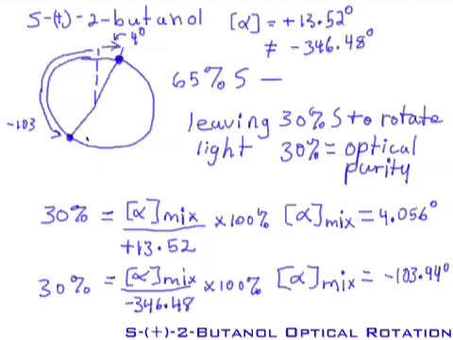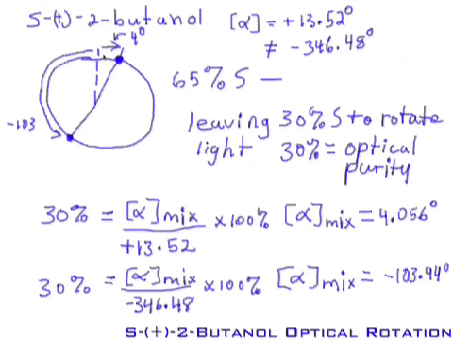They can be distinguished. So if you took a 35-65% mixture and you simply ran a polarimeter on it and looked to see if the rotation reduced to 4 degrees or reduced to minus 103, that would tell you which of these two values was the correct value for 2-butanol.